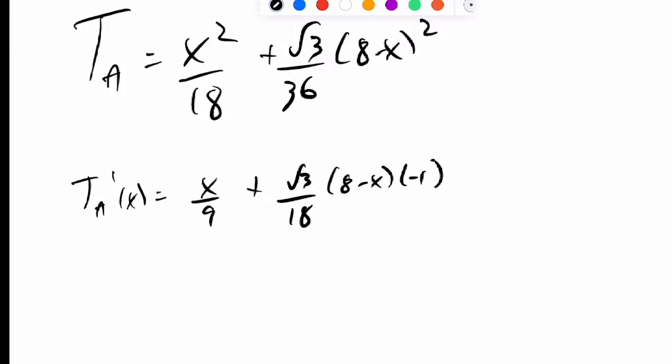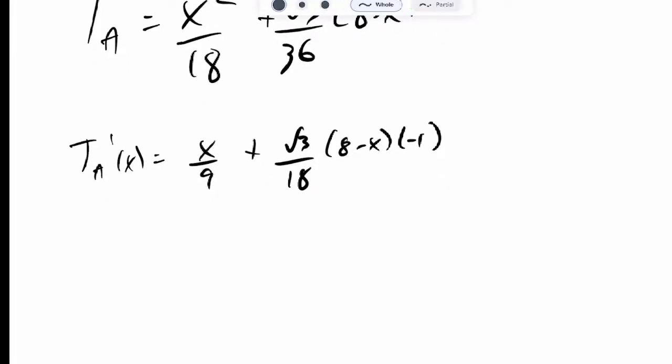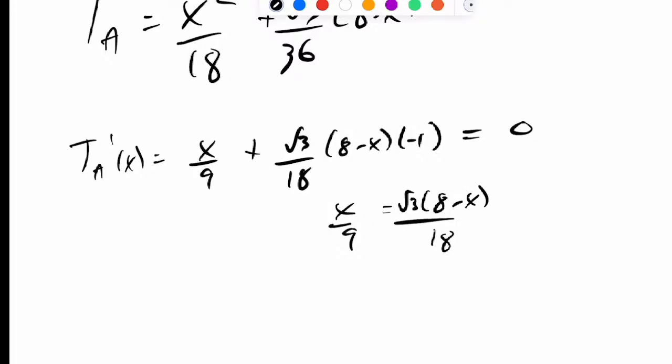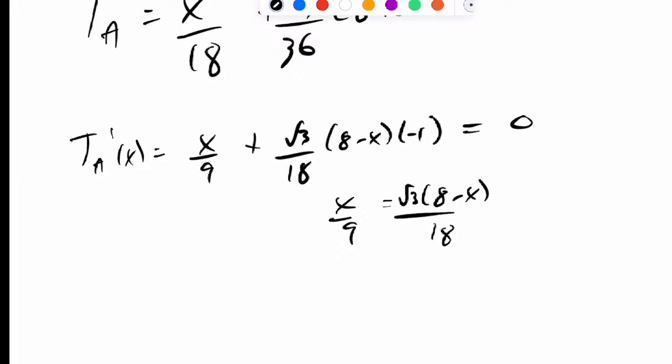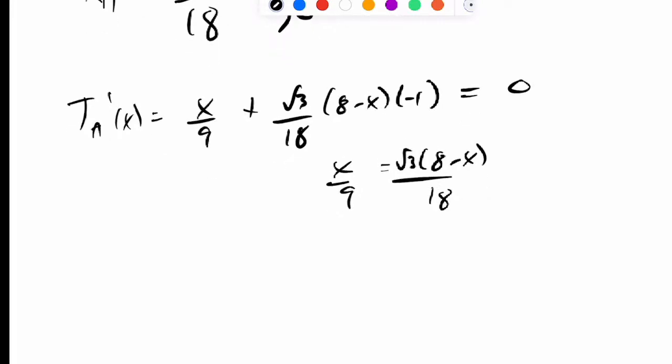Look at that. Right, and then I can just set this equal to 0. Good. So I end up getting x over 9 equals (8 minus x) root 3 over 18. And now you're just solving for x here. Okay.